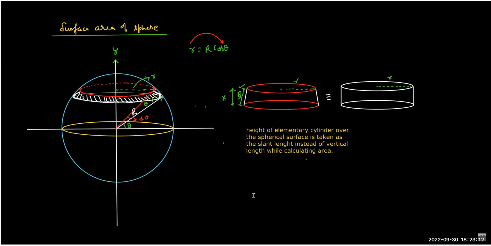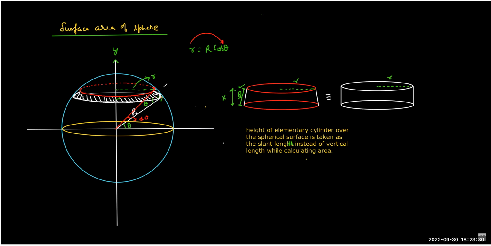Understood? So the height of the elementary cylinder over the spherical surface is taken as the slant length. This is a spelling mistake. Slant length instead of vertical length while calculating area.